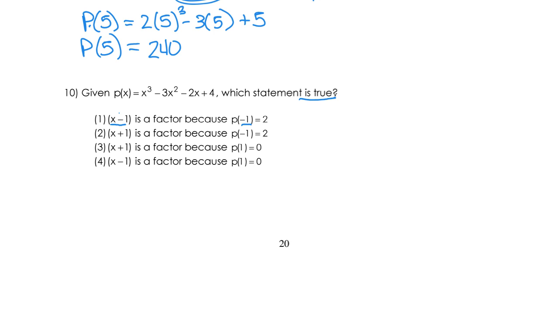If x minus 1 is a factor, then x would equal +1, and I would plug +1 in. So this one doesn't seem right. X plus 1 is a factor because p of -1. Now, that one makes a little bit more sense because x would then equal -1, and you would be plugging in -1. This one makes more sense than number 1. In number 3, if that's x plus 1, then x would equal -1, and that's not what they're plugging in. So this one doesn't seem right either, like number 1.